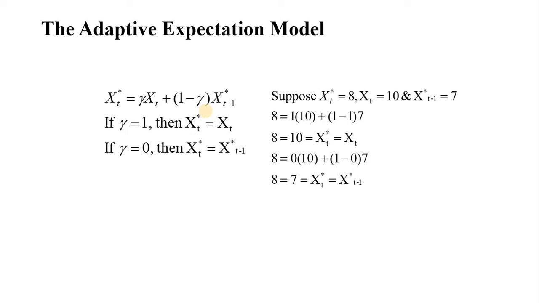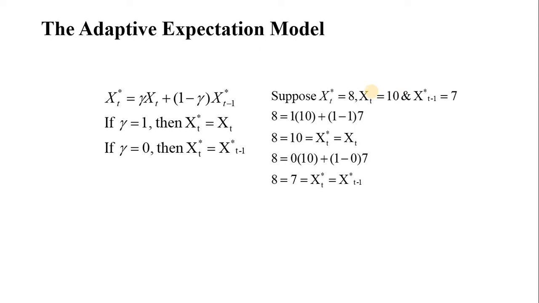You look at, we expected 7% in the previous period, but it was wrong. Current interest rate is 10, and now we are expecting that in the future it will be 8%. So suppose if gamma is equal to 1, what will happen?